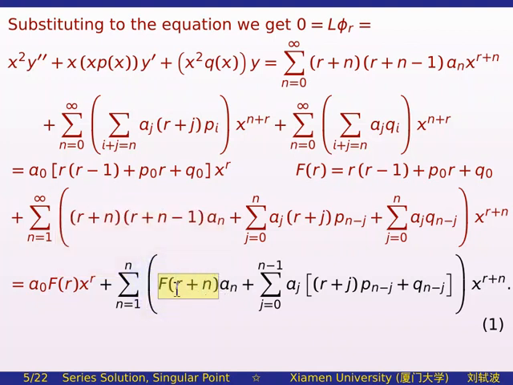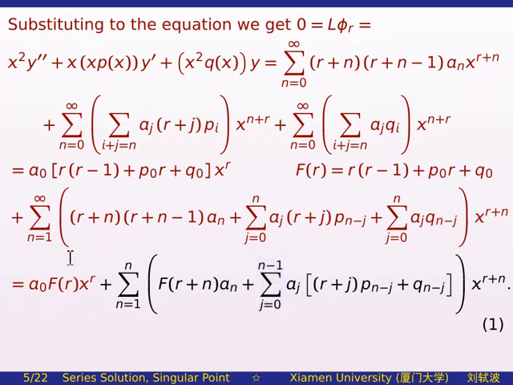That is precisely capital F(r + n). This is the (r + n - 1) p_0, and this is q_0. So you can see that the coefficient of a_n is precisely capital F(r + n). This also explains why this summation is from 0 to n - 1 for j.